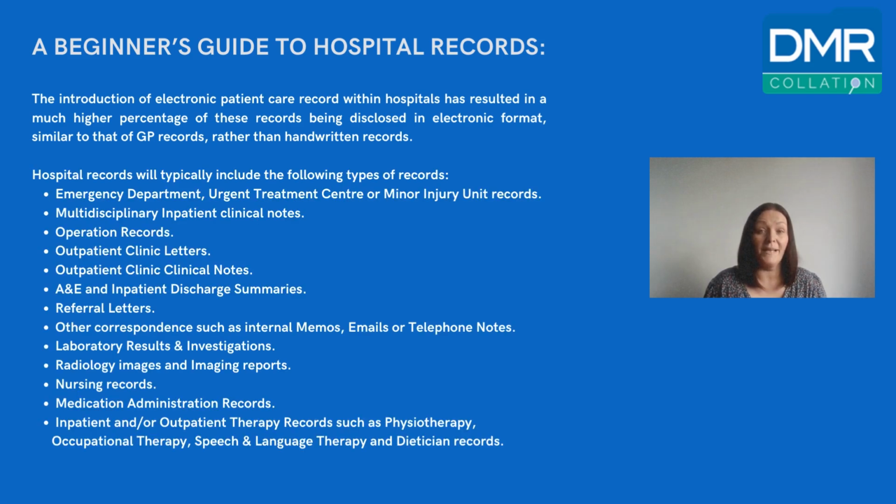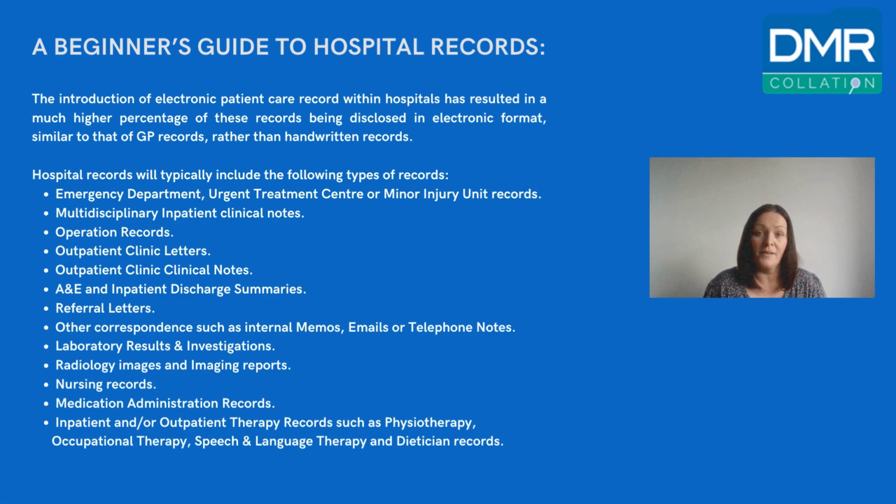Hospital records will typically include the following types of records: emergency department, urgent treatment centre or minor injury records; inpatient clinical notes. These are multidisciplinary records where all treating professionals record the treatment provided, outcome of investigations, examinations performed, and the planned ongoing care.